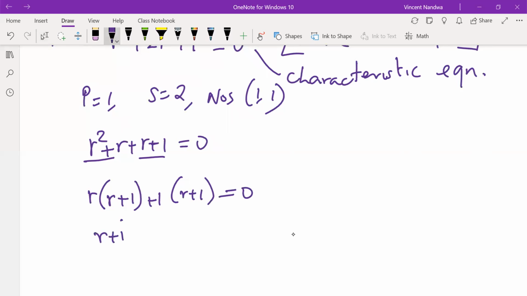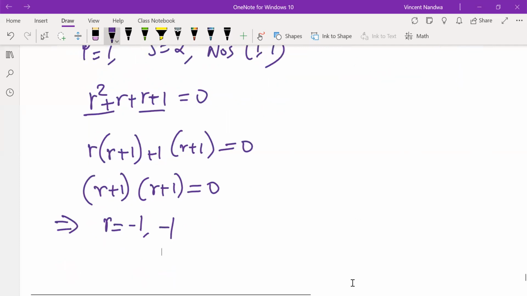So r plus 1 squared equals 0. So this means r equals minus 1. Actually, there are two values for r, so I have a repeated root.